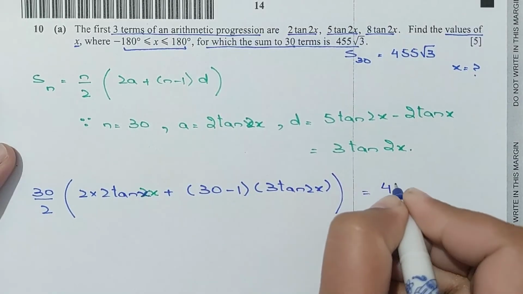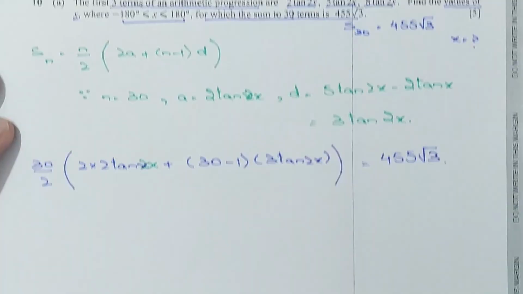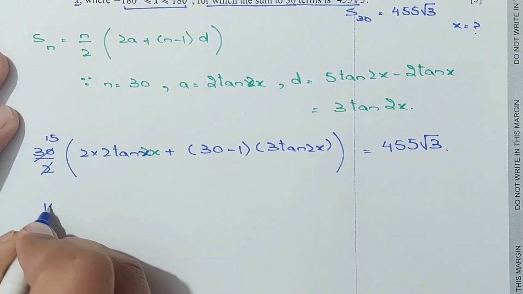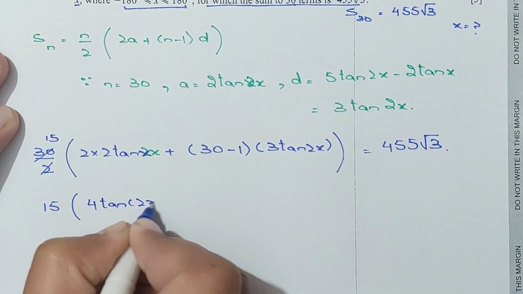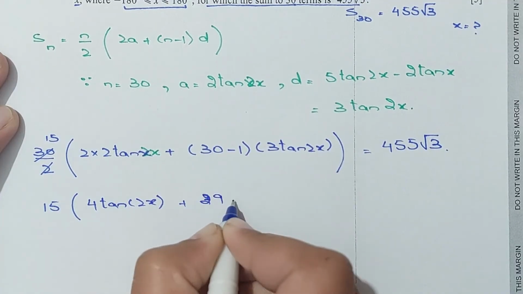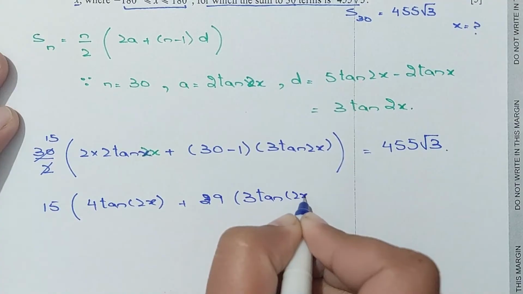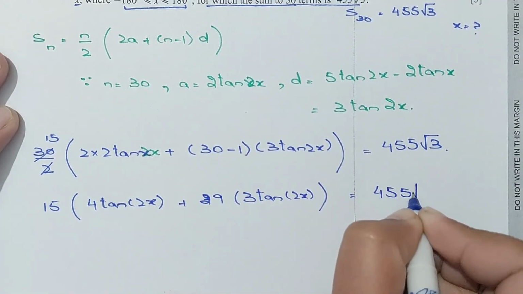This would be 455 root 3. Now we have to solve for the values of x. 2 times 15 is 30. 15 into (4 tan 2x plus 29 times 3 tan 2x) equals 455 root 3.